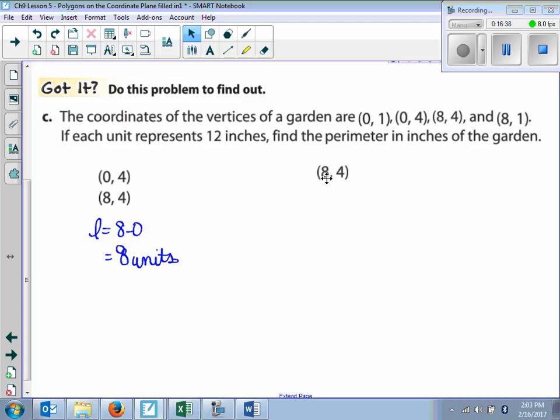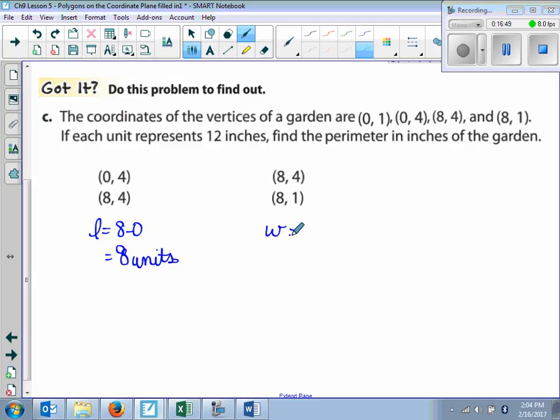Let's just do 8, comma 4 and 8, comma 1. Okay? So the x values are the same, and this is going to give us the width. Right? So 4 minus 1 is equal to 3 units.